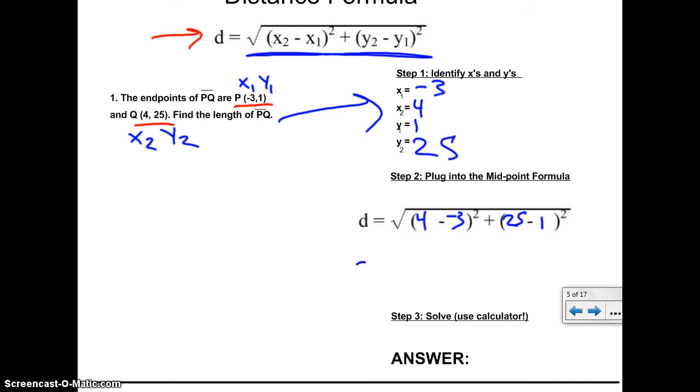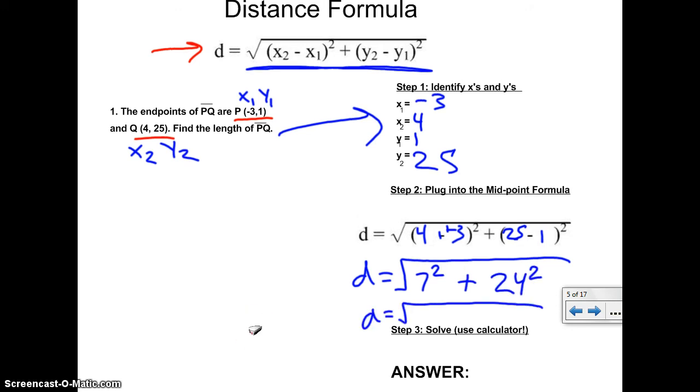And now the next step here, we get distance equals square root of 4 minus a -3, that's plus plus, that's 7 squared, plus 25 minus 1 is 24 squared. From this point right here, you can actually plug that into your calculator, as long as you put the square root first.